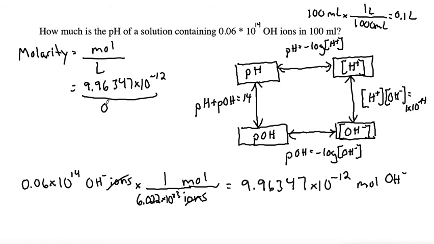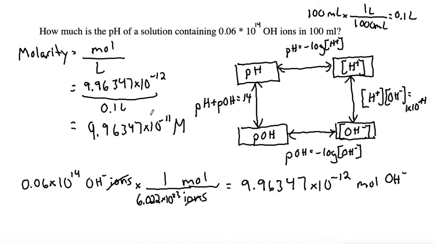We have to plug in our solution in liters to find the molarity. So dividing our answer by 0.1 gives us a molarity of 9.96347 times 10 to the negative 11 molar.